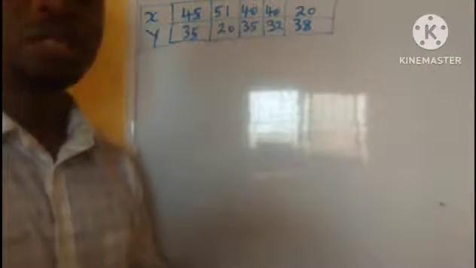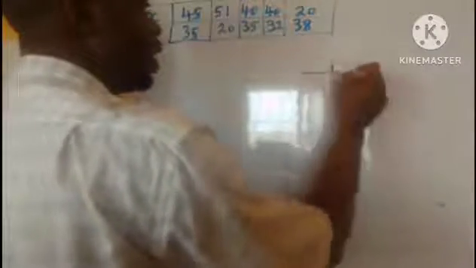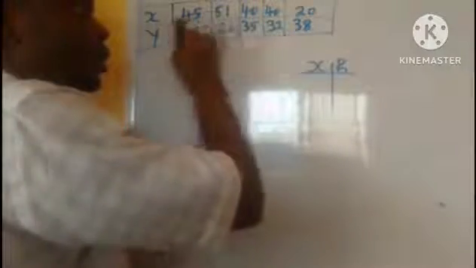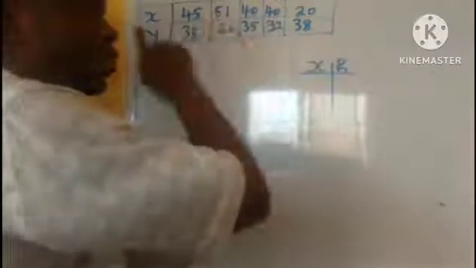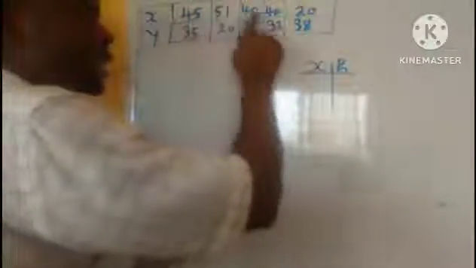So what we do first is to pick variable x and rank it. Let me write out variable x and rank it. I will start writing the values of variable x from the highest. Which one do you think is the highest here?